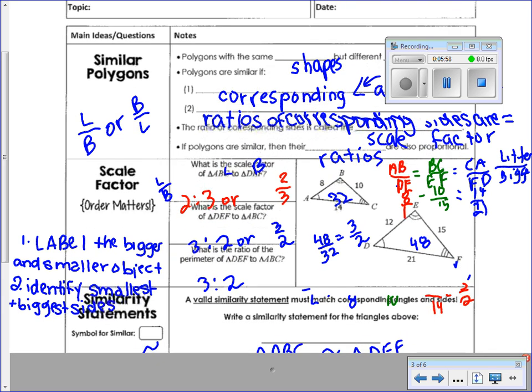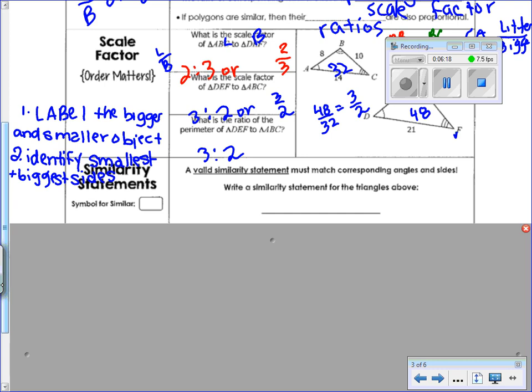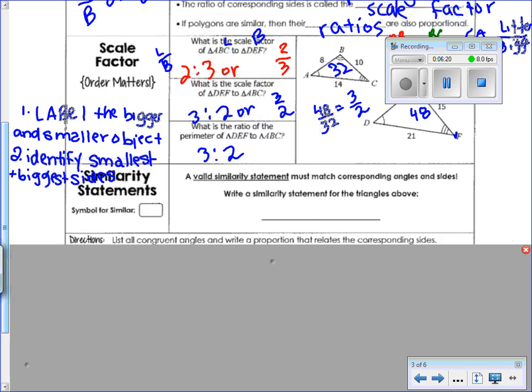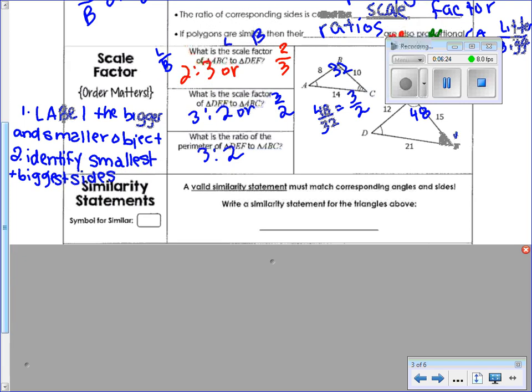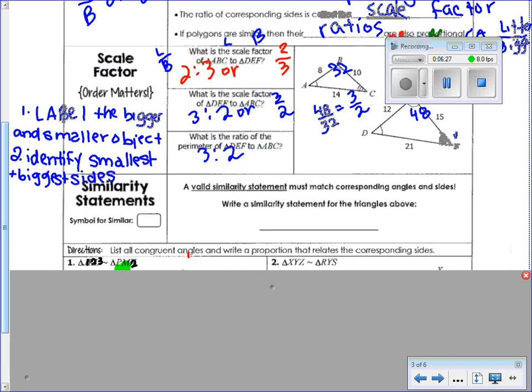So a valid similarity statement must match corresponding angles and sides. I'm going to pull this down. Alright, so here's my similarity symbol.